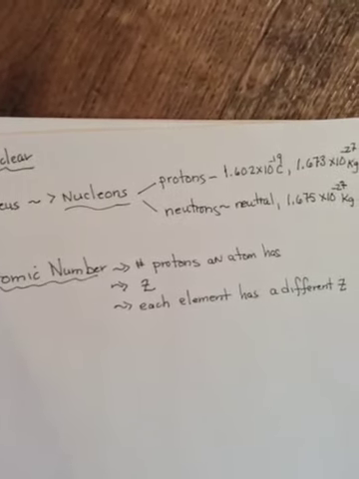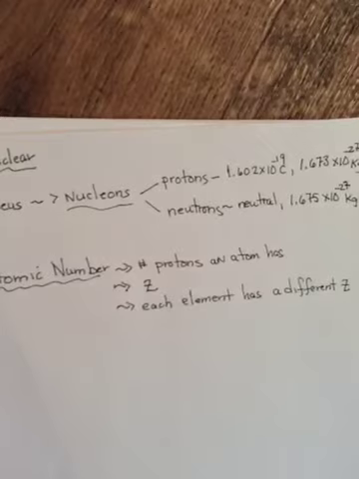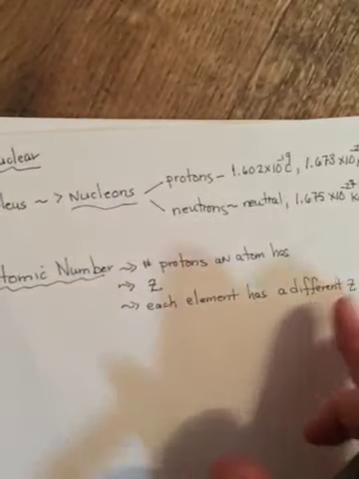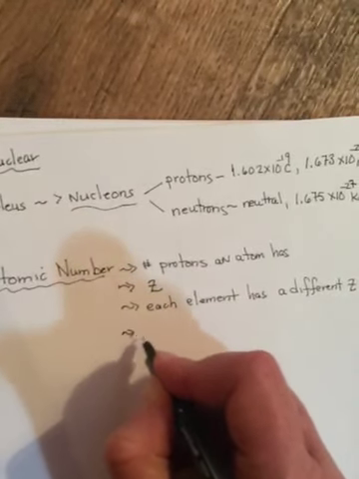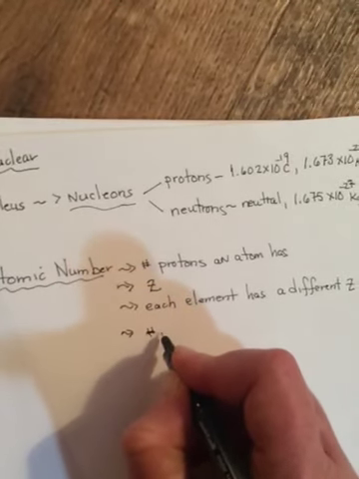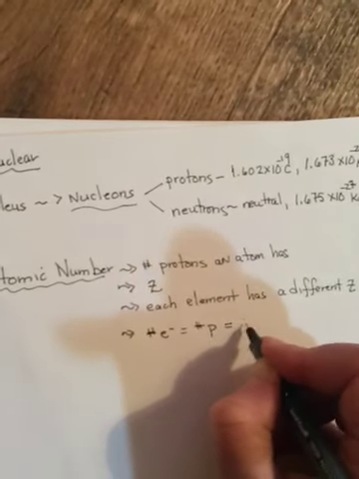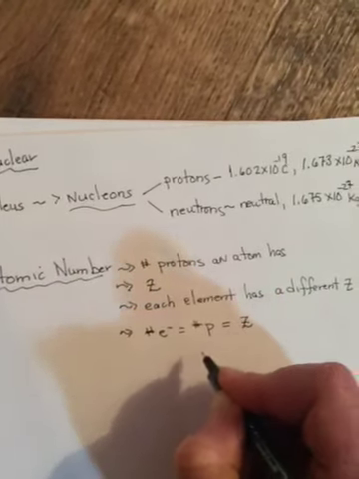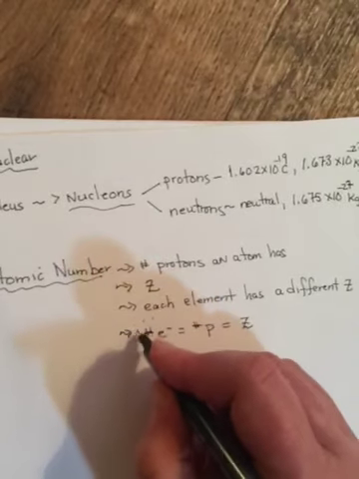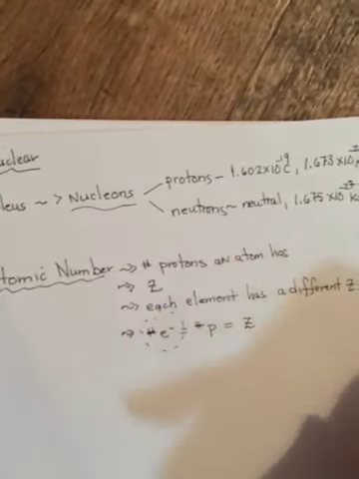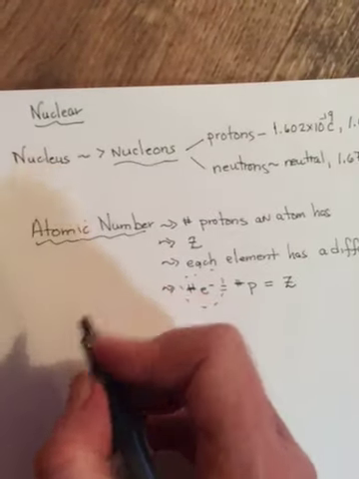And if you look at our periodic table, then you'll notice that the elements are listed by their atomic number. If the atom is neutral, the number of electrons will equal the number of protons, will equal the atomic number. But this part does not always have to stay. The number of protons is always the atomic number. The number of electrons is not necessarily.